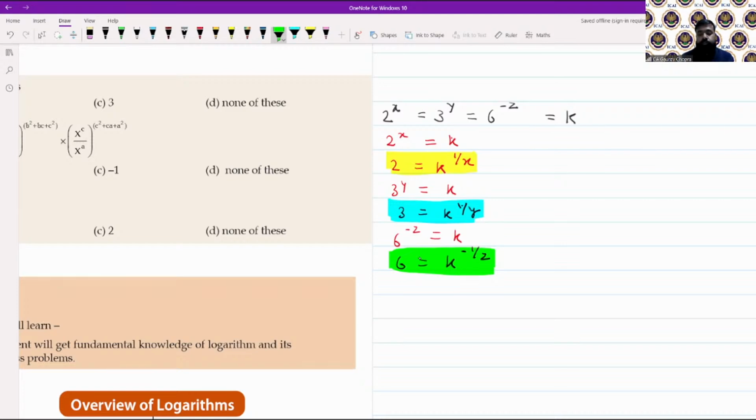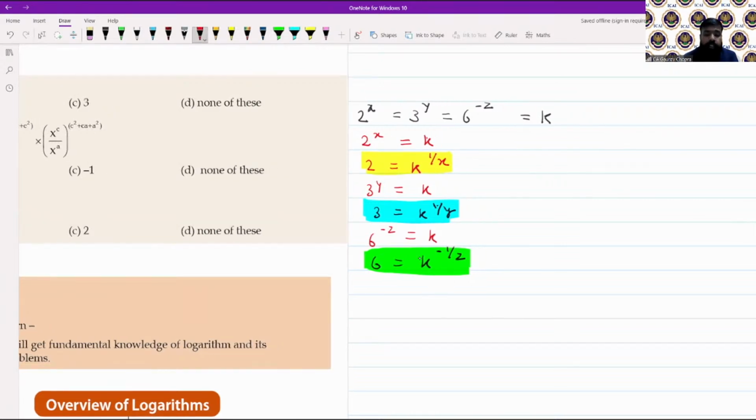This is given. Now if we see, 6 can be written as 2 into 3. 6 means 2 multiplied by 3. Now what is the value of 6? k to the power of minus 1 by z. Value of 2 is k to the power of 1 by x, and value of 3 is k to the power of 1 by y.